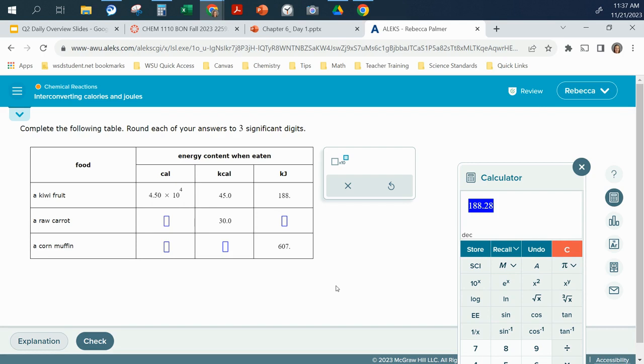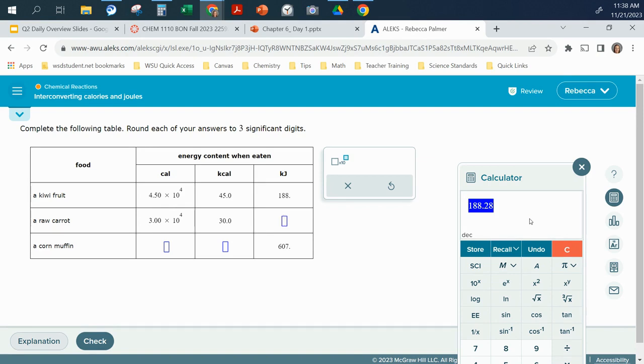Also, we need 3 significant digits, so this one will have an extra 0. That's calories: 3.00 times 10 to the 4. Okay, and then we need to go the other way. We need to take 30 kilocalories and convert to kilojoules.